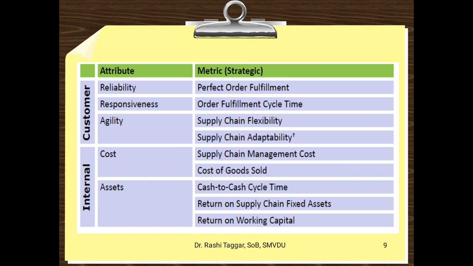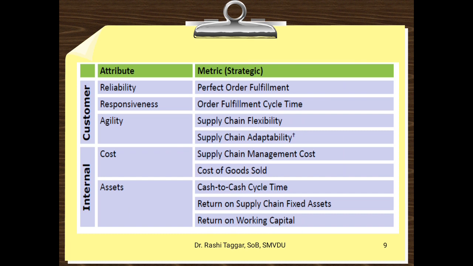The scorecard of the organization is developed to measure the performance of the operations and comparing them with the best in class. The attributes of performance are reliability, responsiveness, and agility. These are customer-oriented metrics.